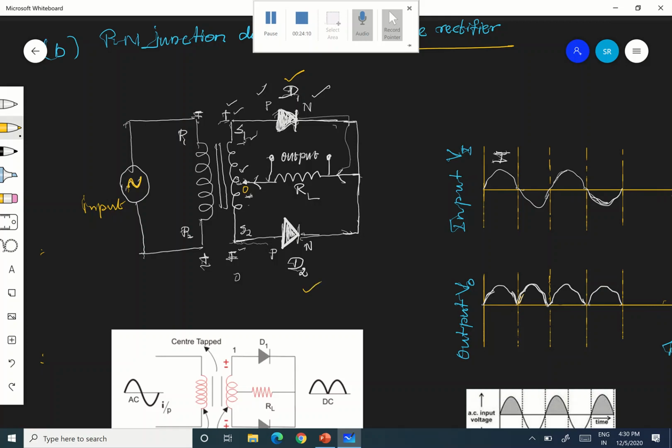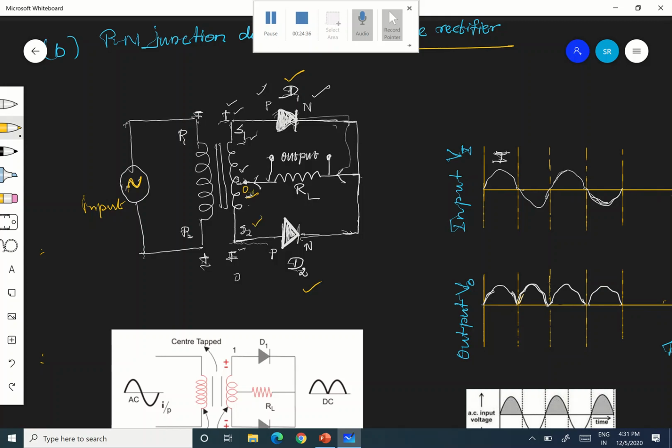Now D2: P is connected to S2 and N is connected to O. In the first half cycle, S2 is negative, so P is connected to negative, but N is connected to O, which has higher potential compared to S2.